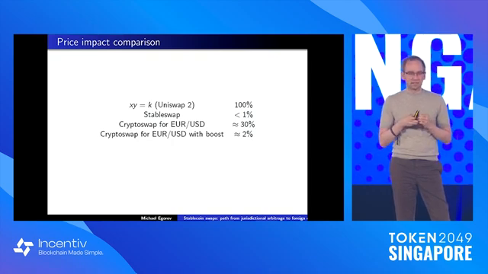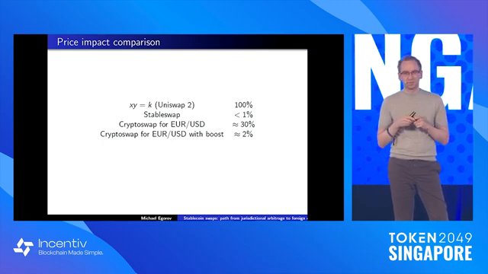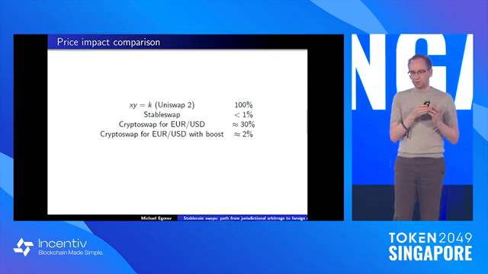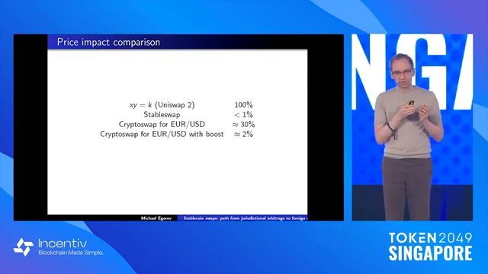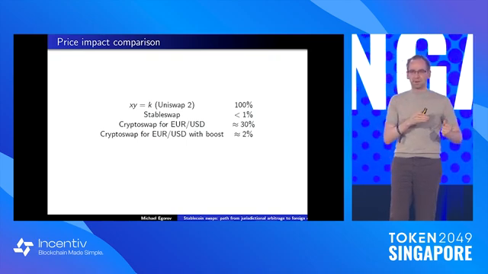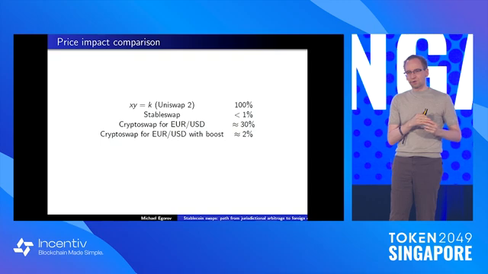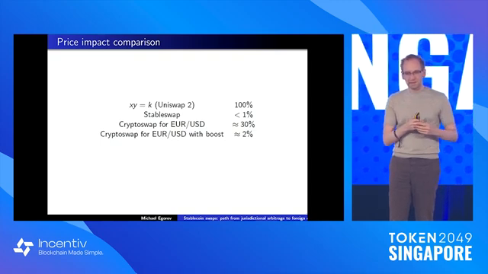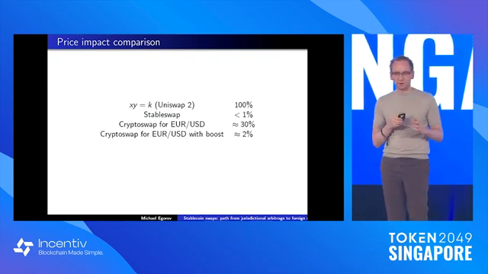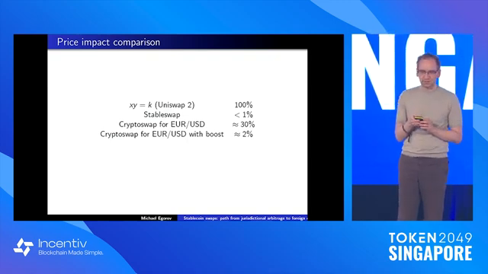It can have a price impact somewhere between 10 and 30% of the price impact of a naive Uniswap 2 like invariant. Apparently, if we do what I just said, if we subsidize rebalancing from the borrow rate earned by the CDPs, then price impact can be almost as good as in stable swap, so around 2%.